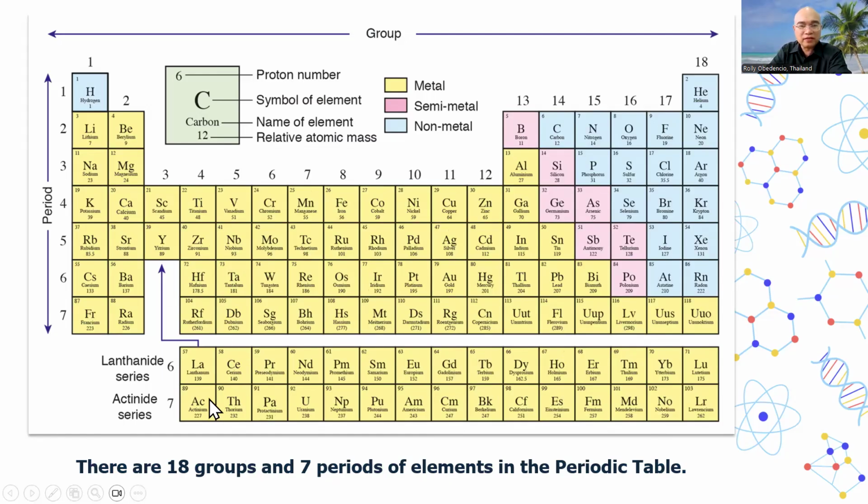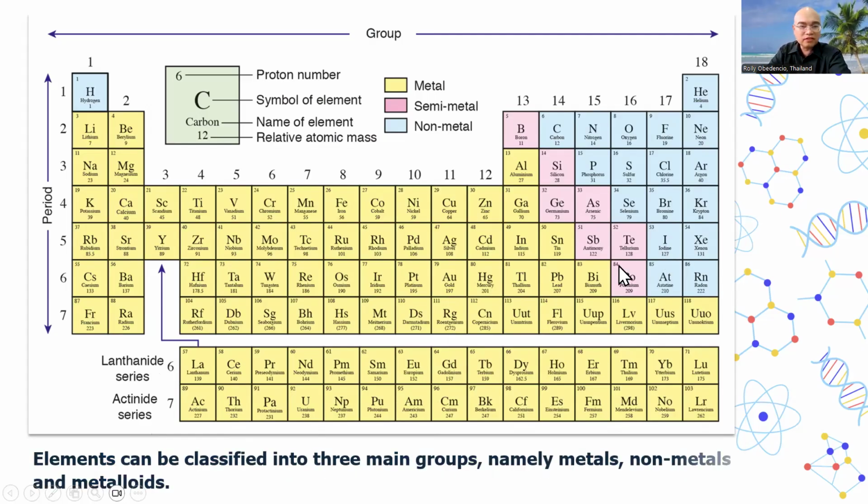This is here, extended down below. That's interesting, this lanthanide series and this actinide series. Well, there will be another topic for that, but for now, just understand that elements can be classified into 3 main groups, namely metals, nonmetals, and metalloids.